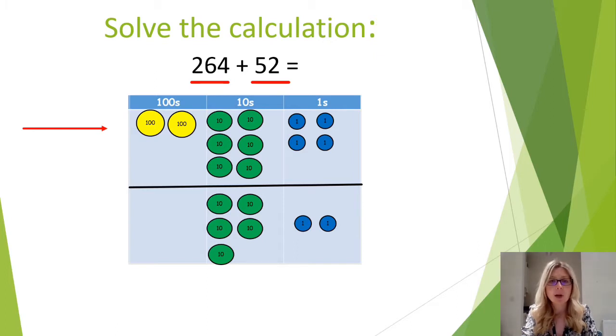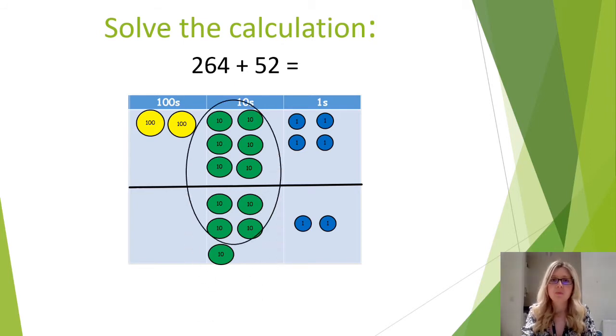So in the tens column, we have 11 tens. When we are writing our answer, we can't have 11 in the tens column. So we have to do something to that column. What we're going to do is regroup, okay? And I'll show you what that looks like now. So these 10 tens here are going to be regrouped.